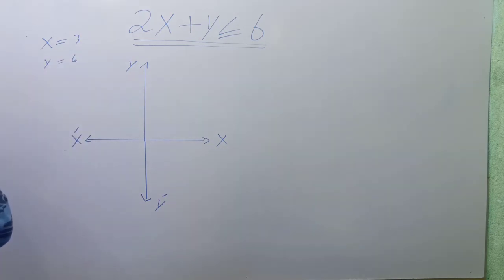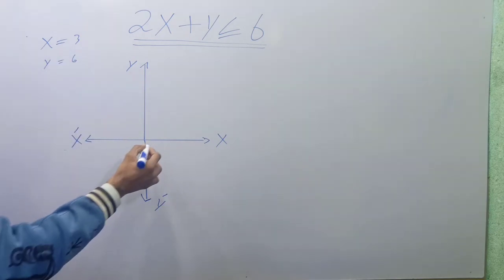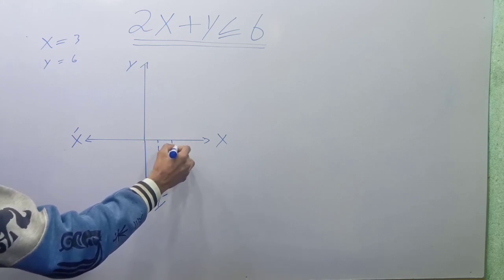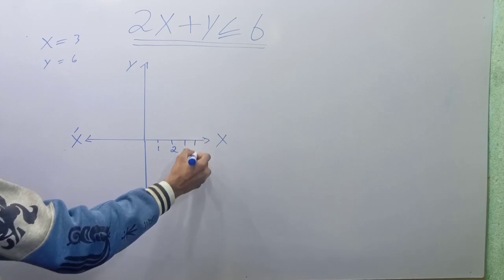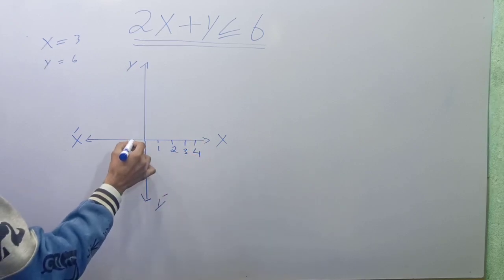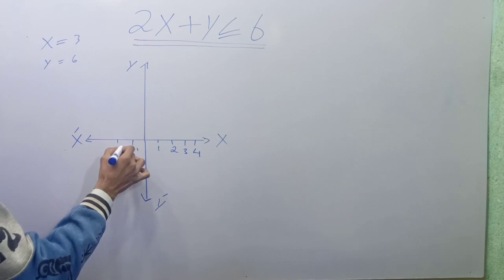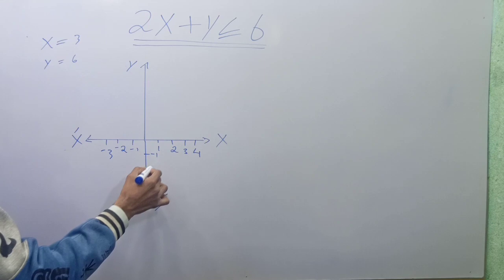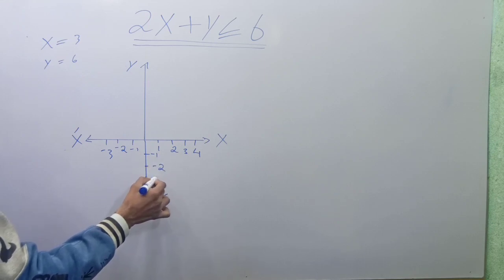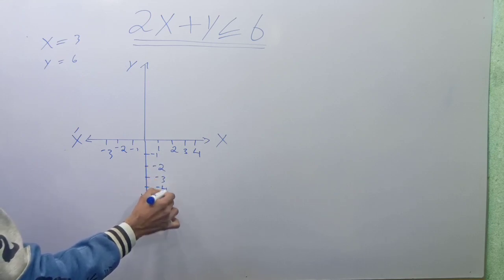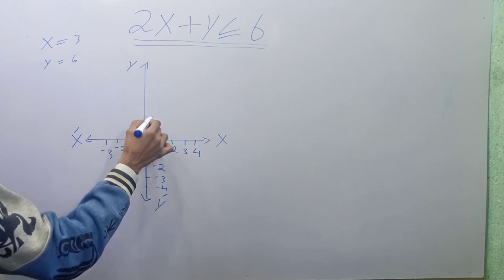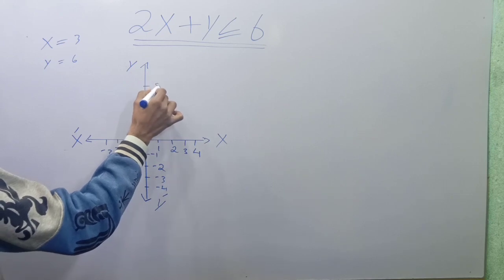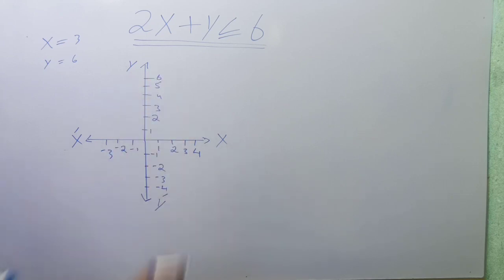First of all we have to draw the number line on this graph: 1, 2, 3, 4, and similarly -1, -2, -3, -4 and 1, 2, 3, 4, 5, 6.